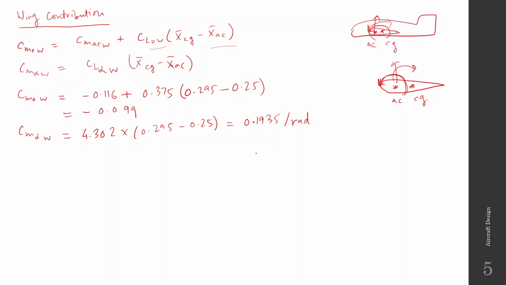So this comes out to 0.1935 per radian. Okay. Now we'll calculate the tail contribution. Same as before, we'll calculate the Cm naught and the Cl alpha of the tail.